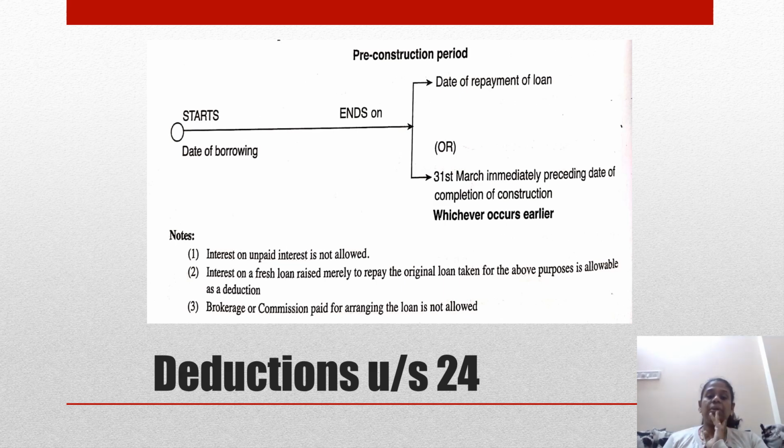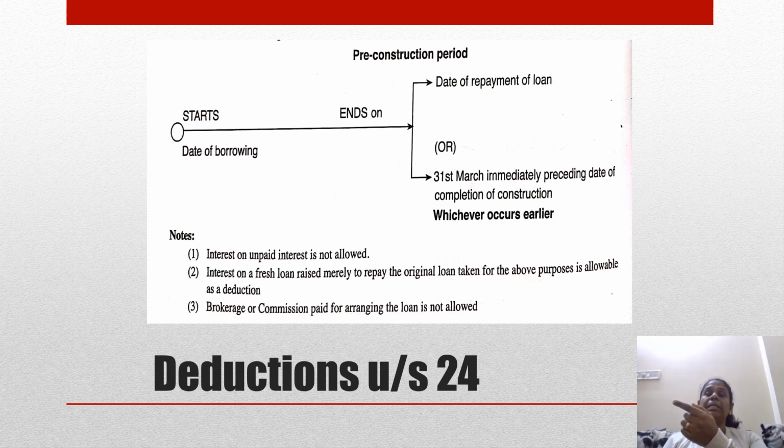Say for example, the loan is borrowed in 2017, and the house is completed in the year 2020, but the loan is still going on. So here, which is coming early? The house is coming early.